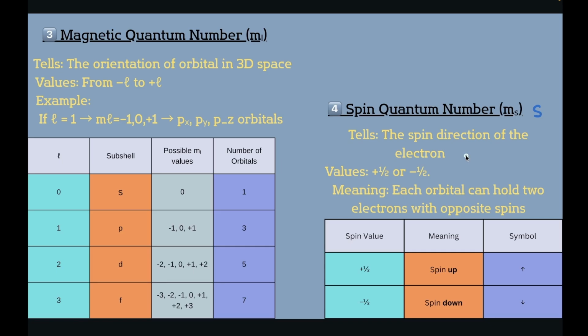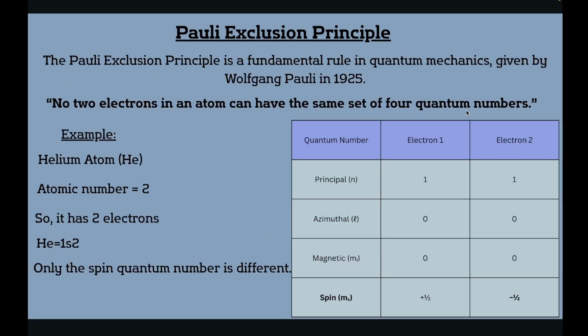It is important because every orbital can hold 2 electrons, and these 2 electrons must have opposite spins. This is called Pauli exclusion principle, which says no 2 electrons in an atom can have the same set of 4 quantum numbers.